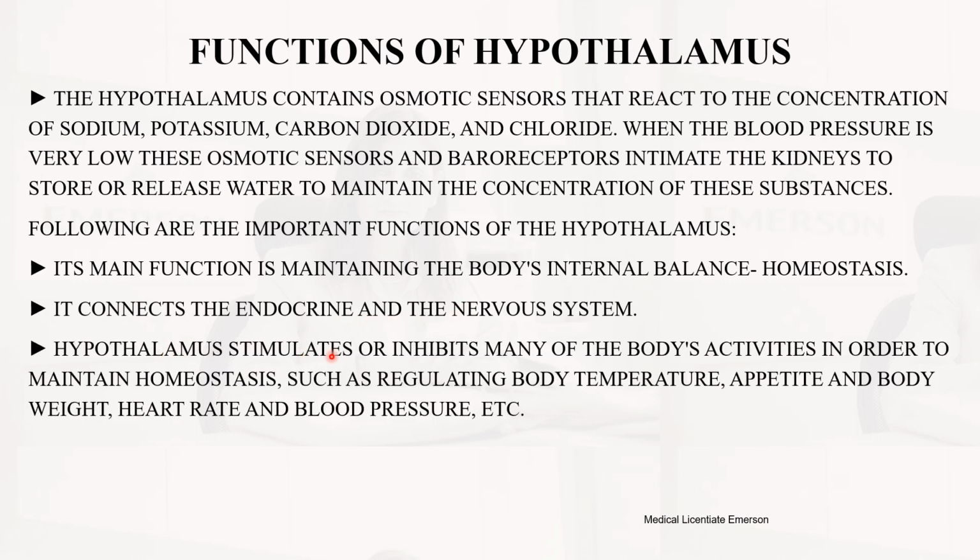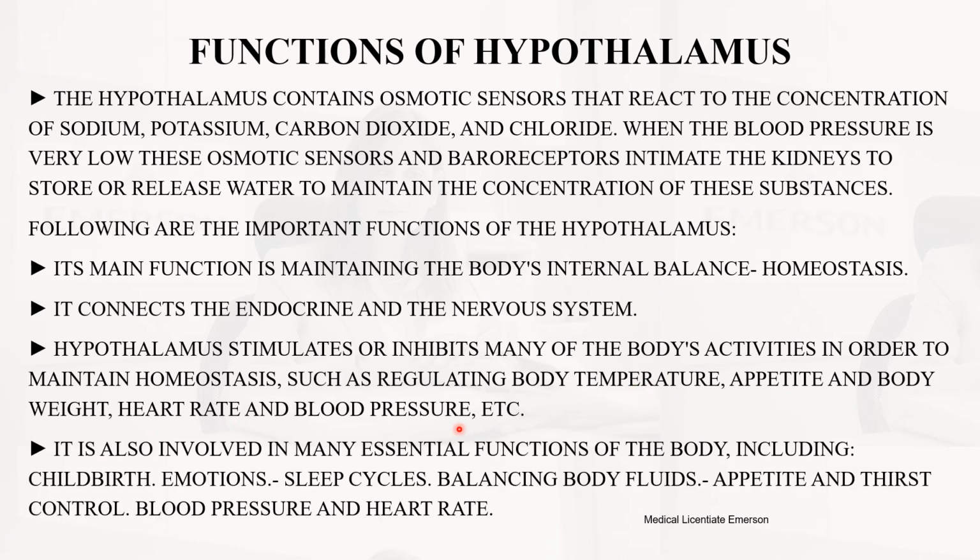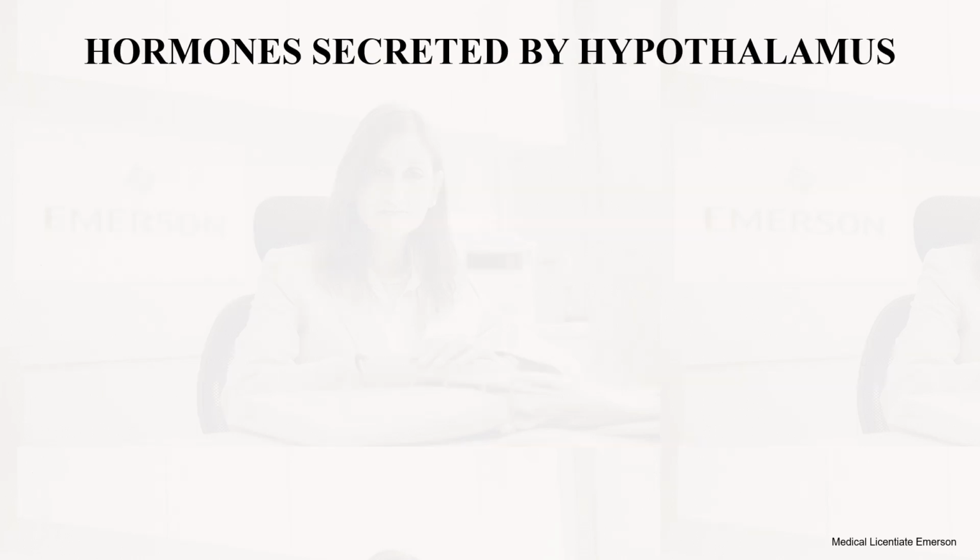Then the hypothalamus stimulates or inhibits many of the body's activities in order to maintain homeostasis, such as regulating body temperature, appetite, body weight, heart rate, and blood pressure, etc. It is also involved in many essential functions of the body, including childbirth, emotions, sleep cycles, balancing body fluids, appetite and thirst control, blood pressure, and heart rate. Those are things the hypothalamus is involved in.